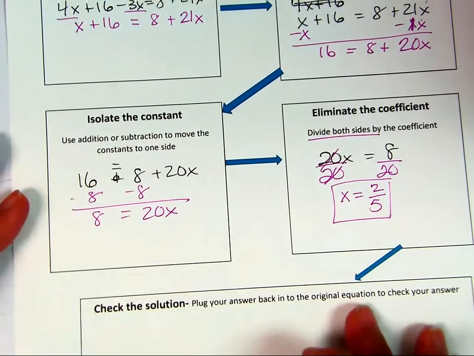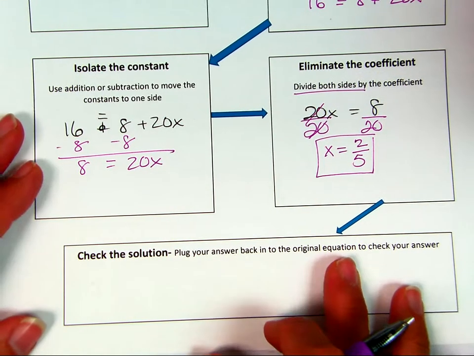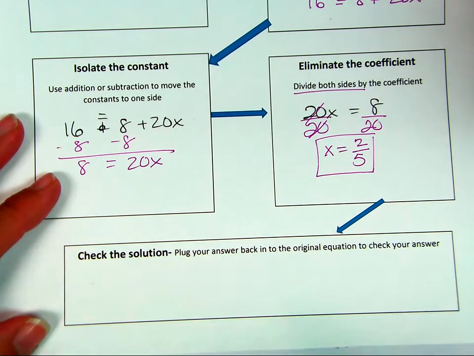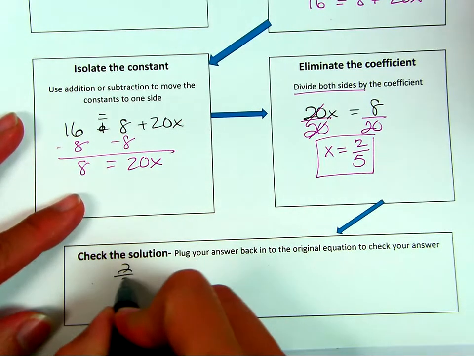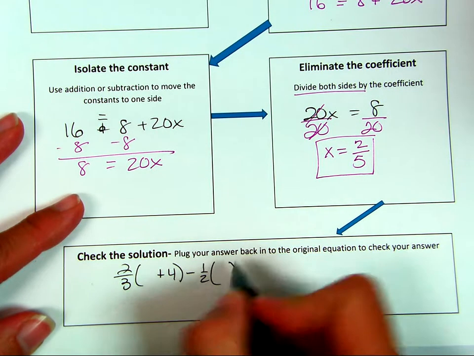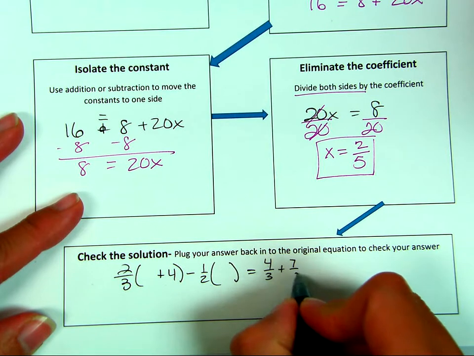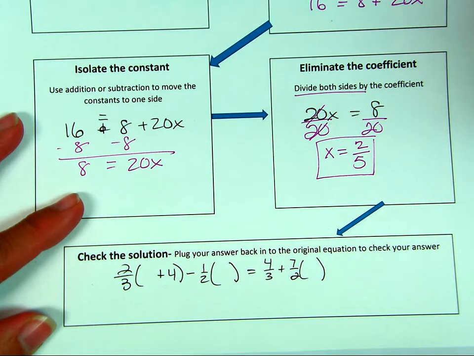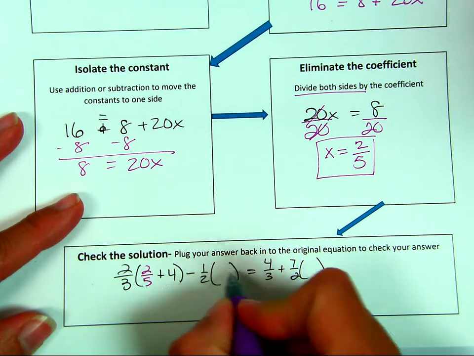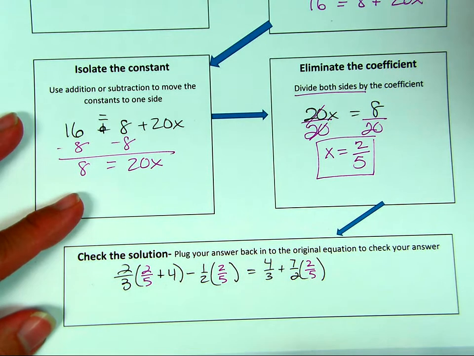I always like to check. You can check in a calculator, or you can check by hand. Either way, you take your original equation and write it, but I'm using parentheses for x. Everywhere I have a parenthesis or a blank, I'm going to put 2/5. So I put 2/5 there, and then I simplify it.